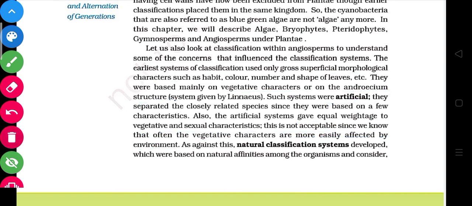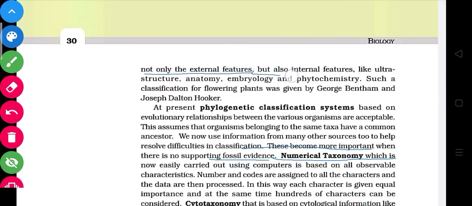Okay, now let's continue reading. As against this, natural system of classification was developed, which was based on natural affinities. I already told you it was based on natural affinities among organisms and considers not only the external features but also the internal features, like ultrastructure, anatomy, embryology and phytochemistry.